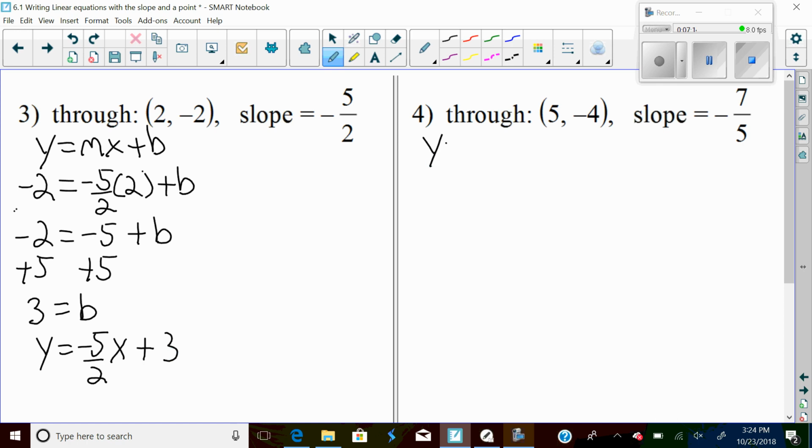We're going to write out y = mx + b. We're going to plug in y, which is -4. It's equal to our slope, -7/5, times x, which is 5, plus our y-intercept, b, the unknown.